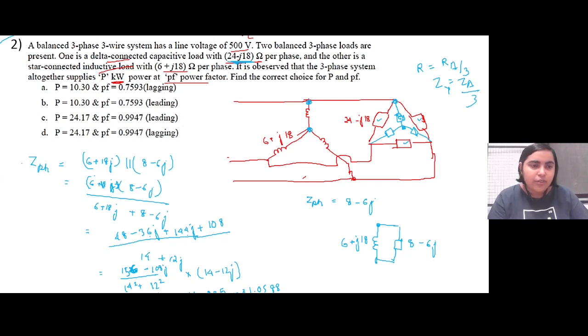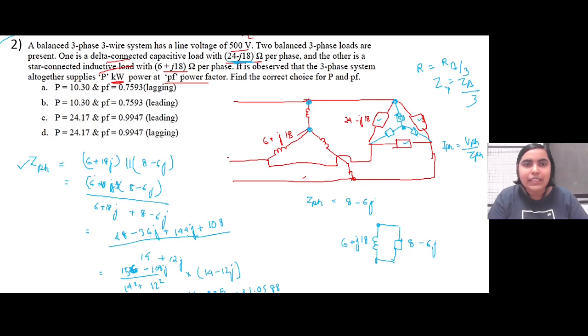Now you have the Z phase, the impedance for each phase, so you can calculate the current. Phase current will be phase voltage by Z phase.